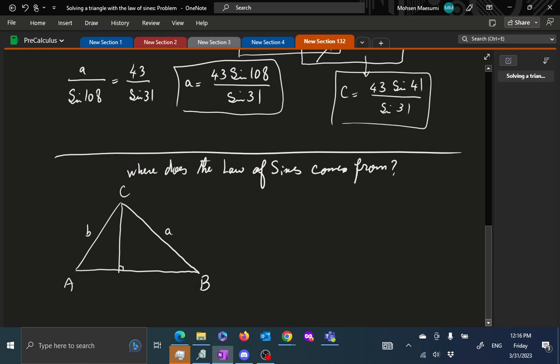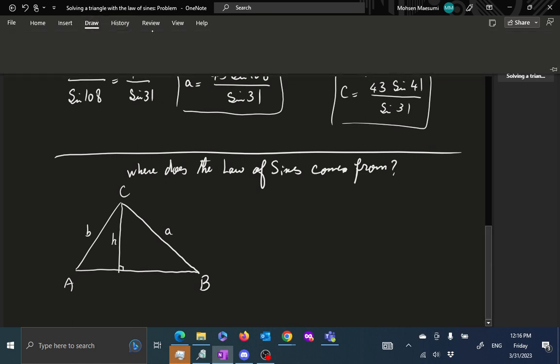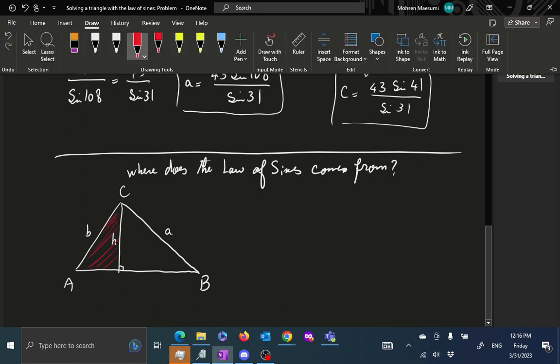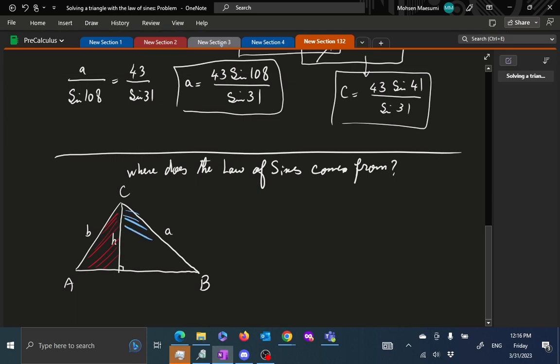Let's call this thing H. So I go ahead and look at these two triangles that I just made. One, let's call that the red one, and the other is the blue one.